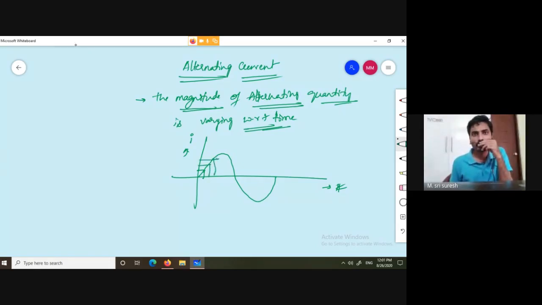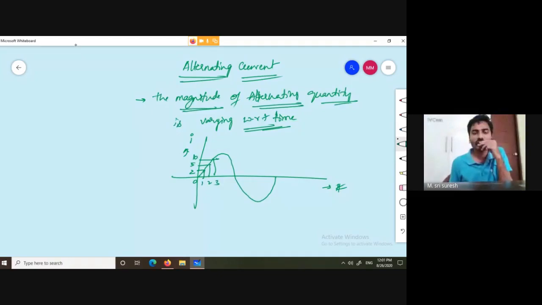We can see from this at 0, 1, 2, 3 seconds. At 1 second, the magnitude of the alternating quantity is 2 amperes. At 2 seconds, it is 5 amperes. At 3 seconds, the current is at its maximum of 10 amperes.